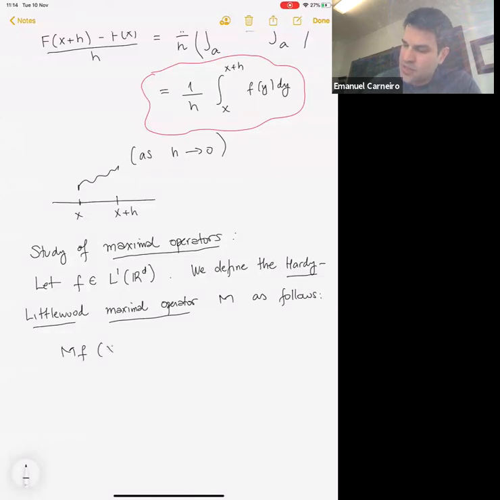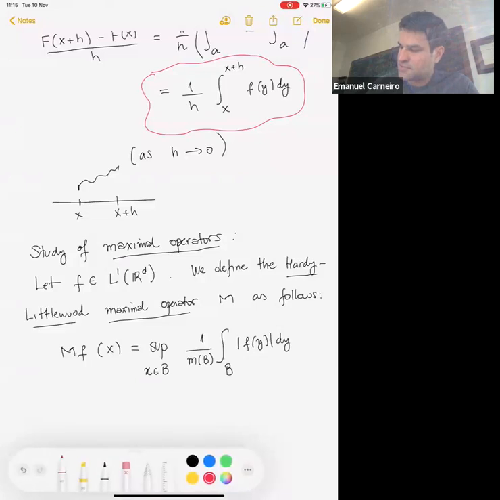Mf at the point x will be the following. You will take integrals of the modulus of f(y) dy over balls B, and you are going to divide by the measure of the ball. So you are going to take averages of your function f over balls. Then you're going to take the supremum over all balls that contain your point x.